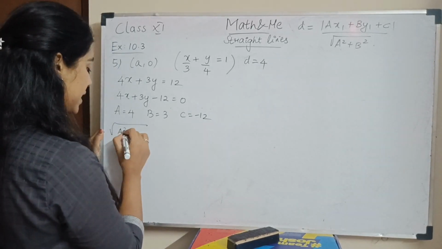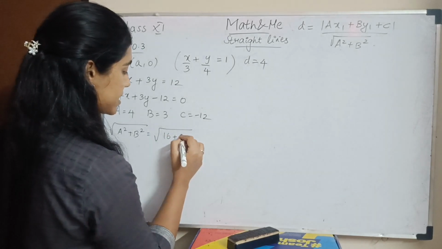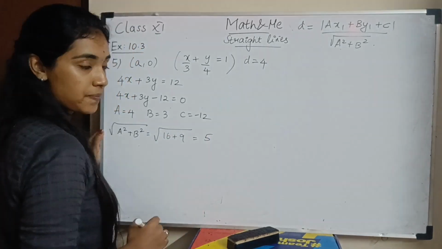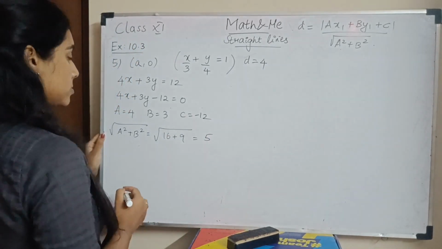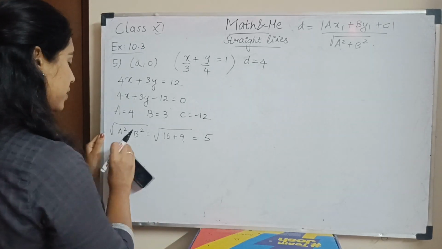Root of a square plus b square is root of 16 plus 9, 25, which is 5. So the distance formula, d equals, I'll just substitute the values.